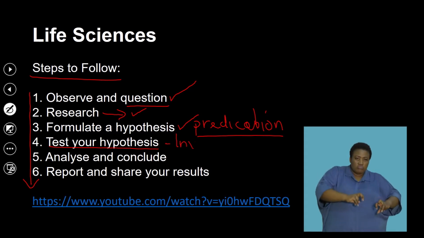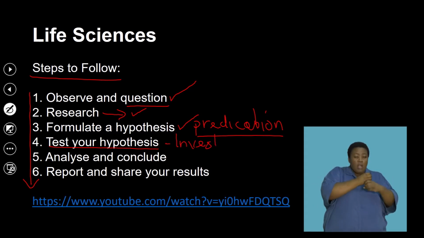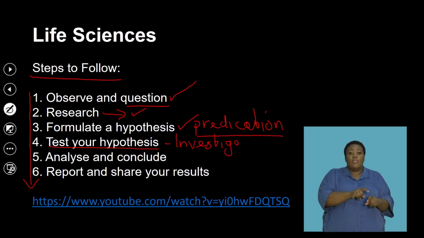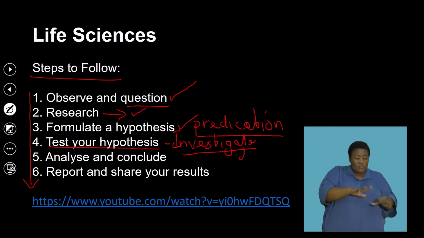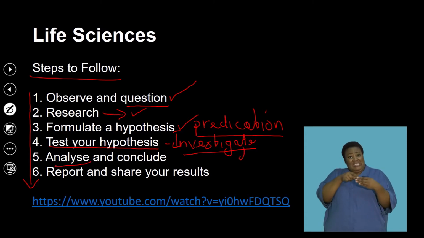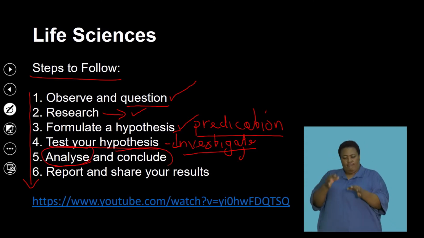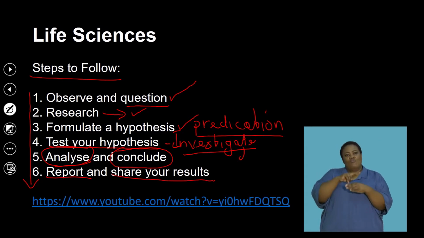As I said, you would have to have an experiment set up, so we investigate through scientific experiments. Once those investigations are carried out, they give us results, and those results should be analyzed and conclusions drawn. As I said, it's important for us to be able to report on these and share your results.